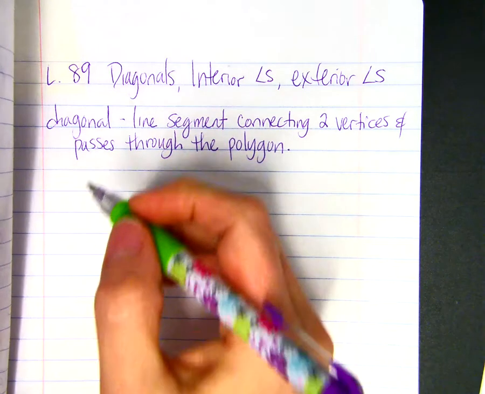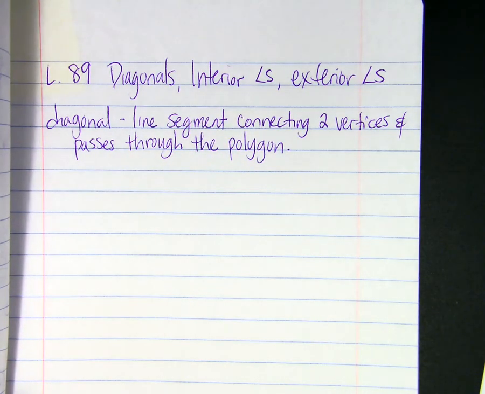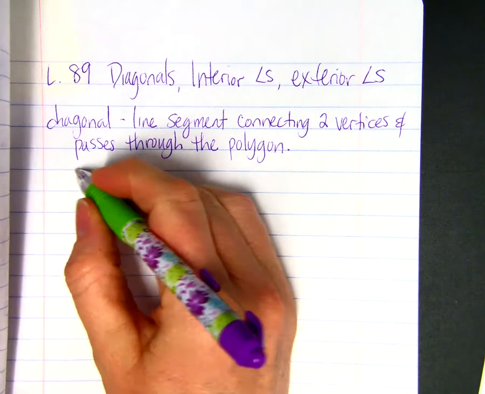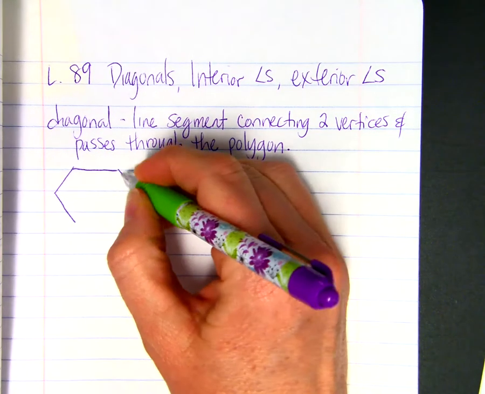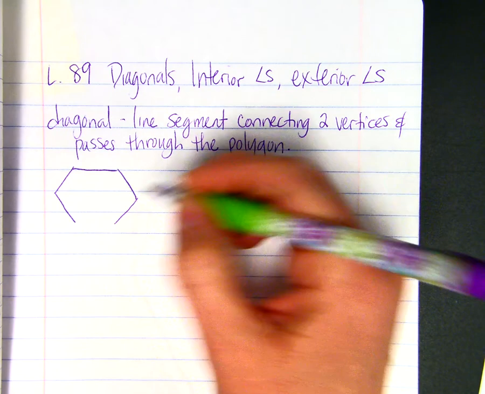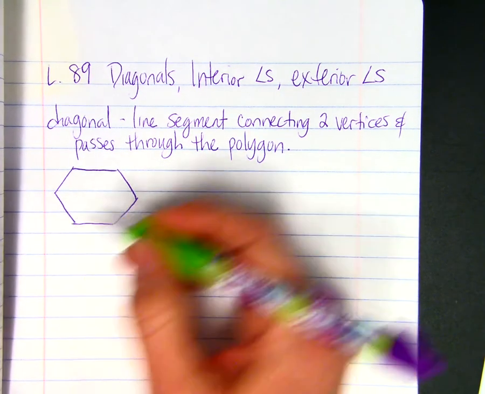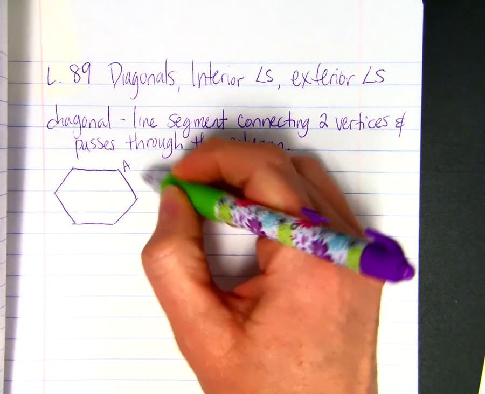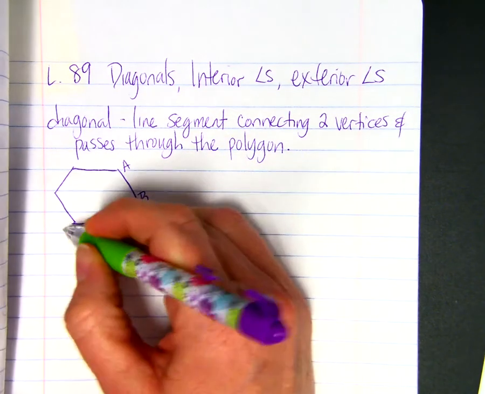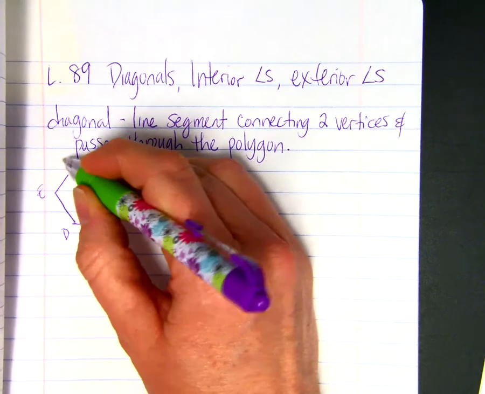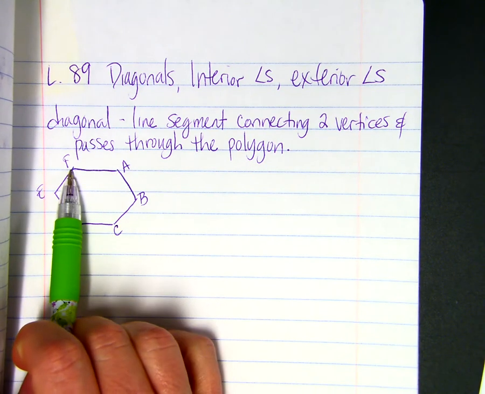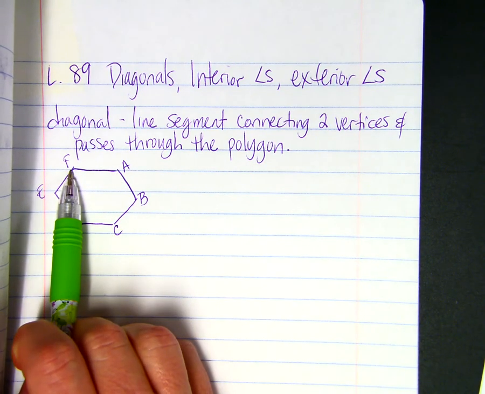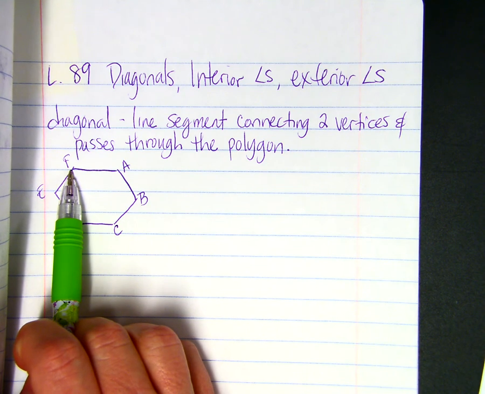So we are going to draw a hexagon. And if you label it A, B, C, D, E, F. So AF is a segment that connects two vertices, but it does not pass through the polygon.